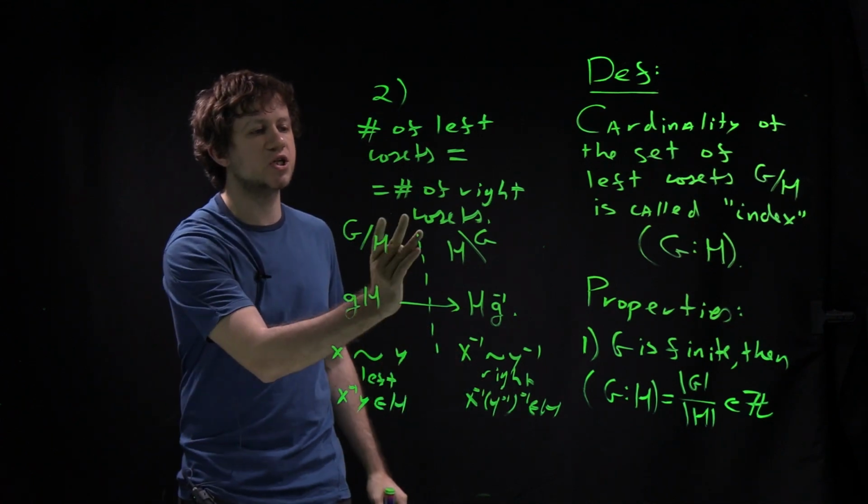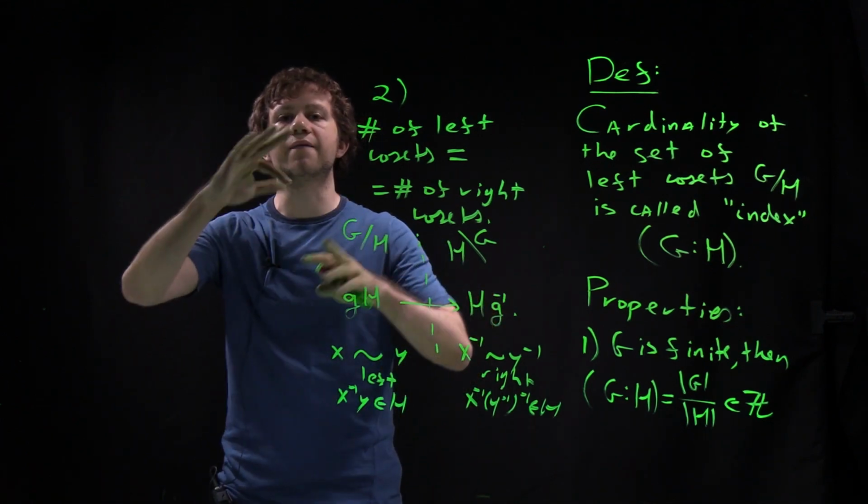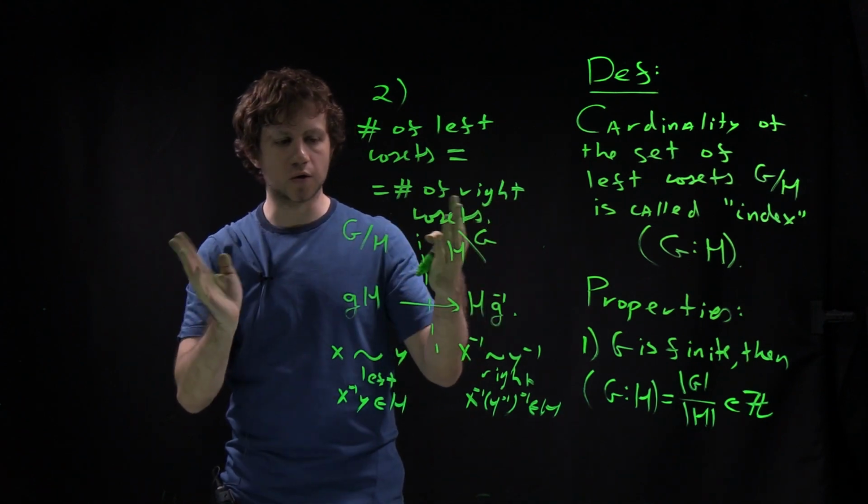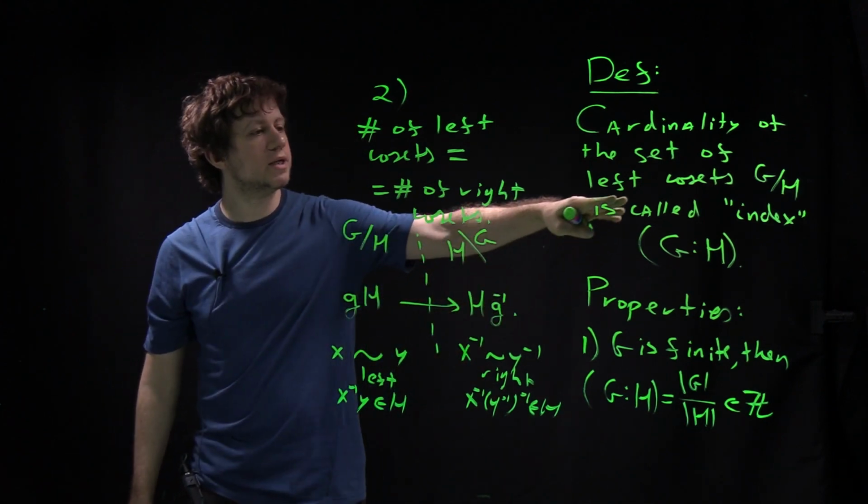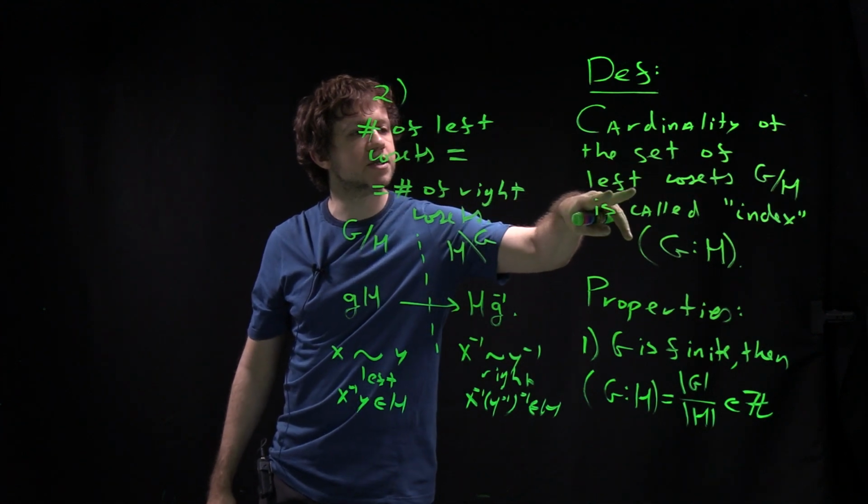So you exchange an element with its inverse, and then left cosets and right cosets go to each other. That's the proof why the index doesn't depend on whether I put right or left.